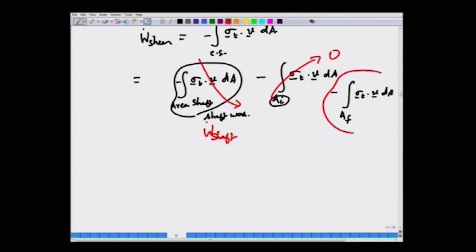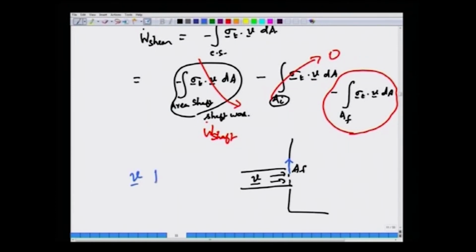So, the only thing that is left for us to understand is this. Where the flow area is, where the inlet or outlet is actually present, this is A flow. If velocity is acting like this and the tangential stress acts in the direction perpendicular to the velocity, if you choose your control surface such that the velocity is normal to the control surface, then V is perpendicular to the tangential stress sigma T. So, V dot sigma T is 0.